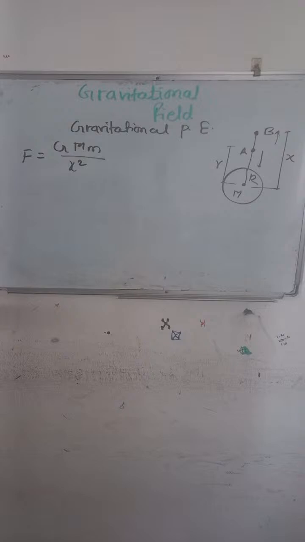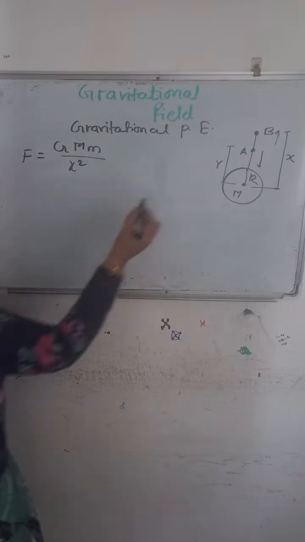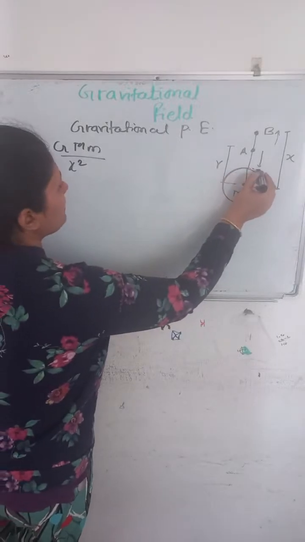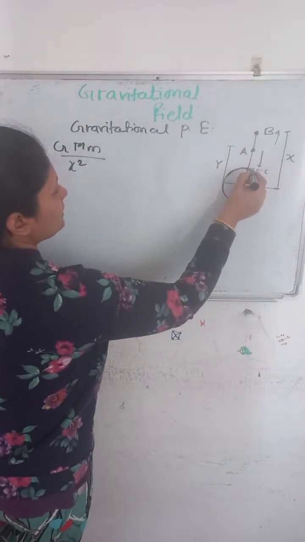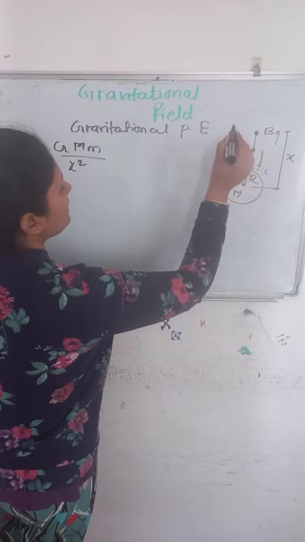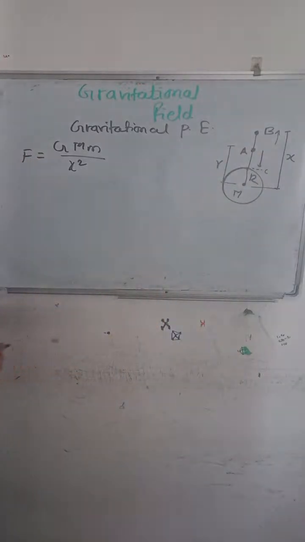Now, the small work done in moving the body from infinity to point A. Initially, if the body is somewhere at point C, then slowly I did work and that body came to A. Then again I started working from A, and the body moves towards B.